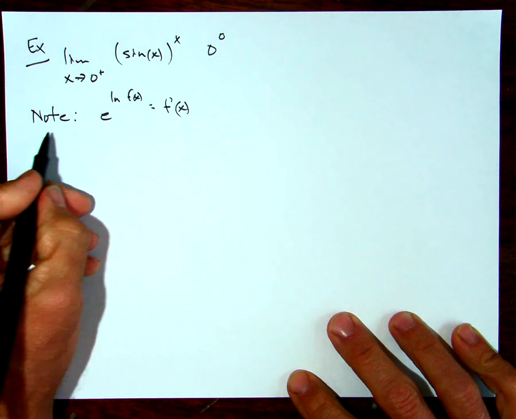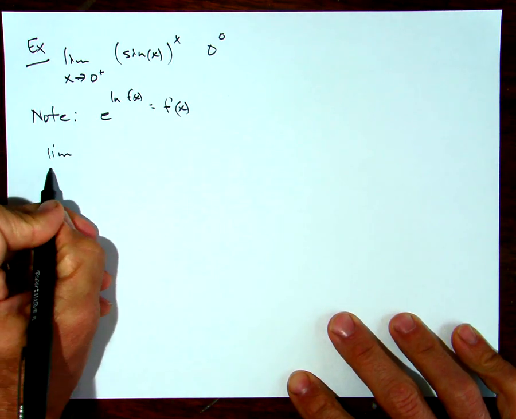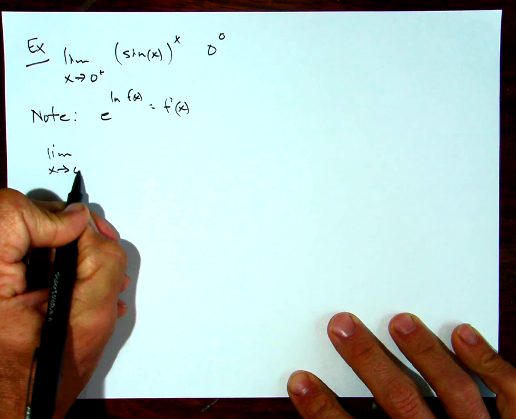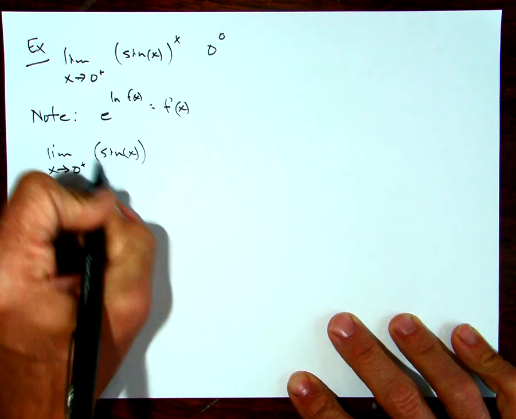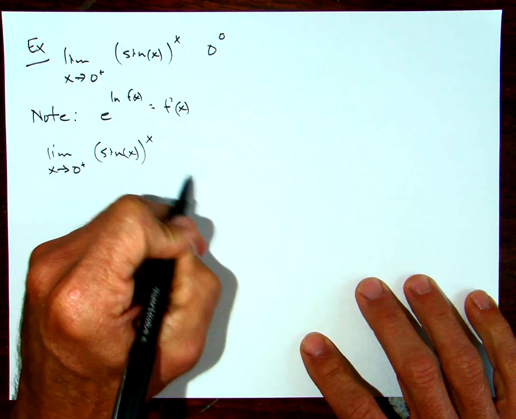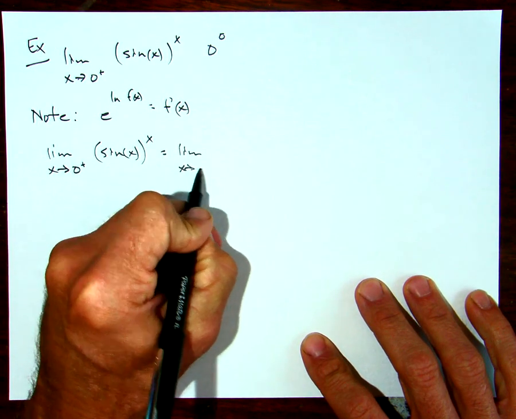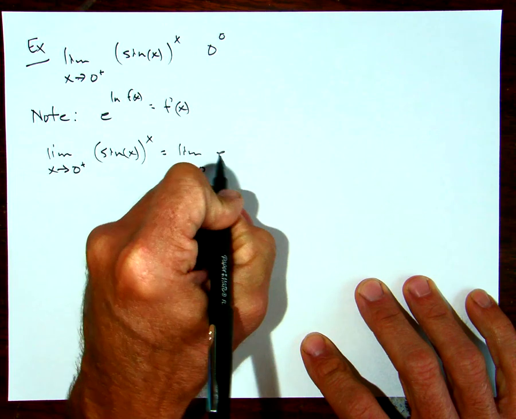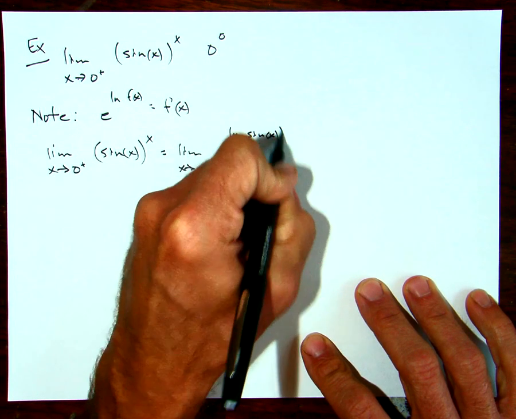So what we want to do is rewrite the limit as x approaches 0 from the right of sine of x to the x, as the limit as x approaches 0 of e to the natural log of sine of x to the x.